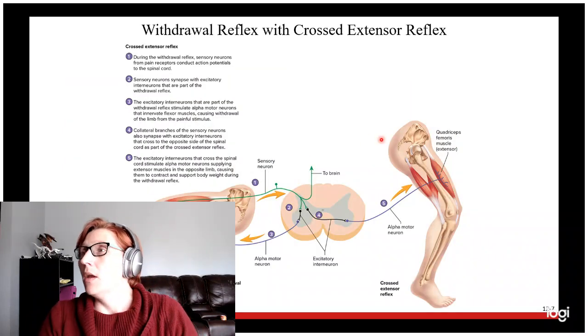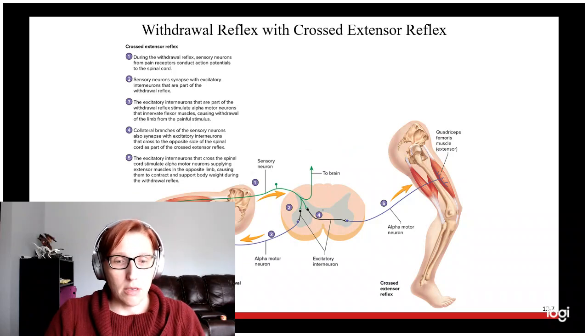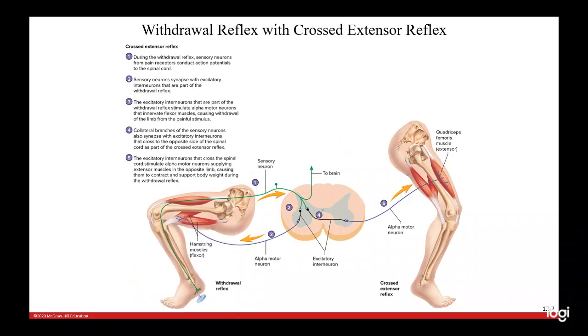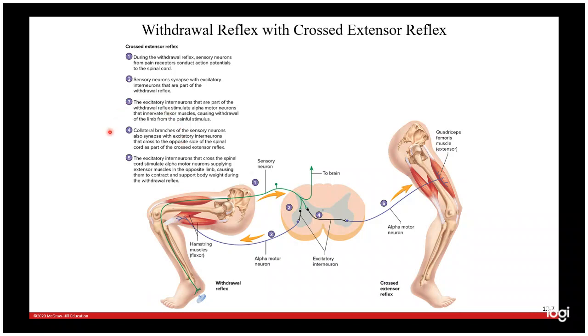All right, here we go. This is much, much better. All right, so here is the major difference with this crossed extensor reflex. If you notice, the sensory information still travels in the same way. They interact and they synapse with these interneurons that are part of the withdrawal reflex.